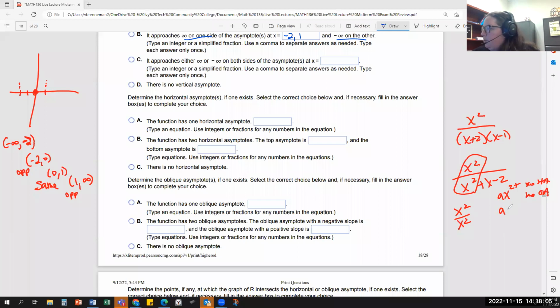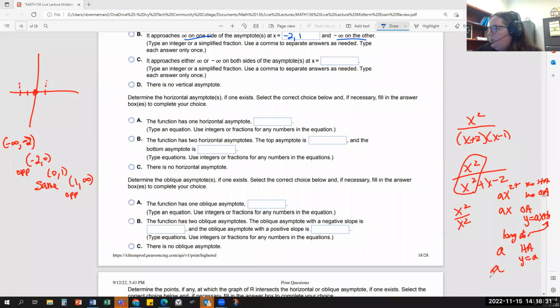If it comes out a multiple of x, then that's when you have an oblique asymptote. It's going to be like y equals mx plus b, but you have that multiple of x already, and you have to do long division to find the b. If it just comes out a number, then you put y equals in front of that number. That's a horizontal asymptote.